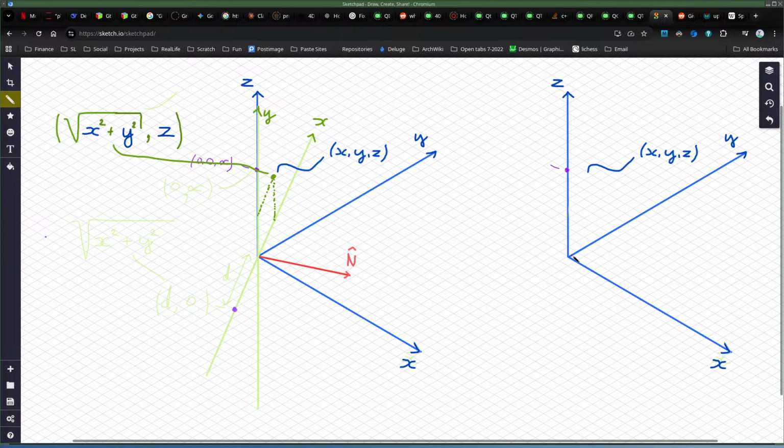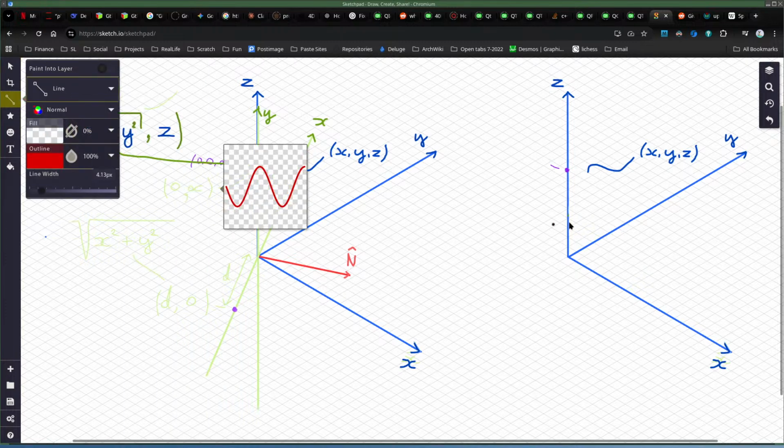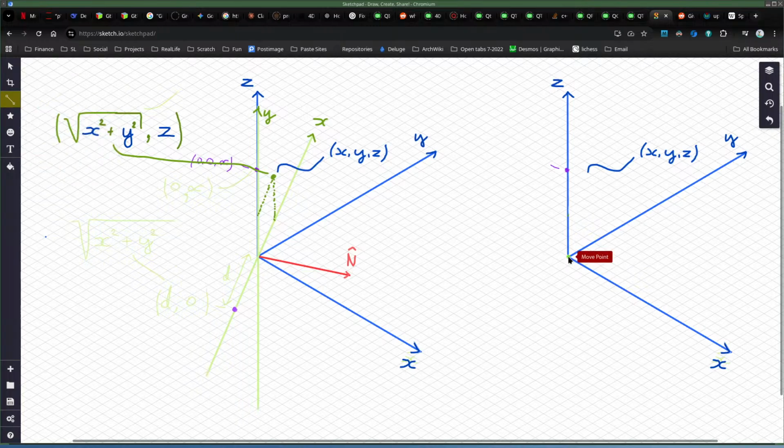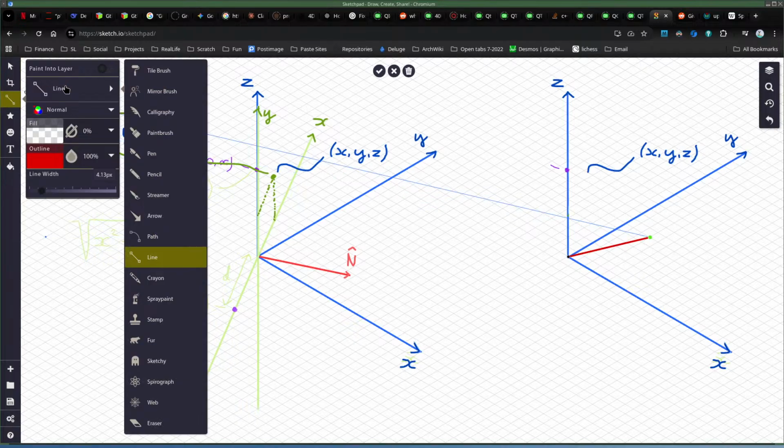Okay, arbitrary n, it's pointed up there. A line. Can we do dotted lines?